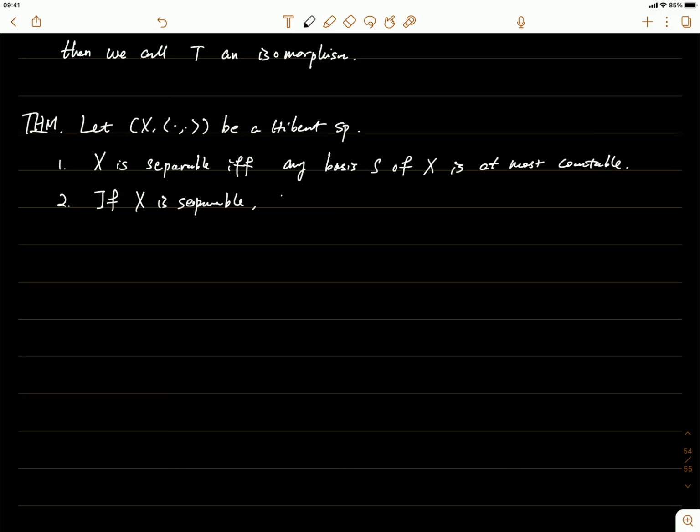Then X is isomorphic to R^n if S has n elements.